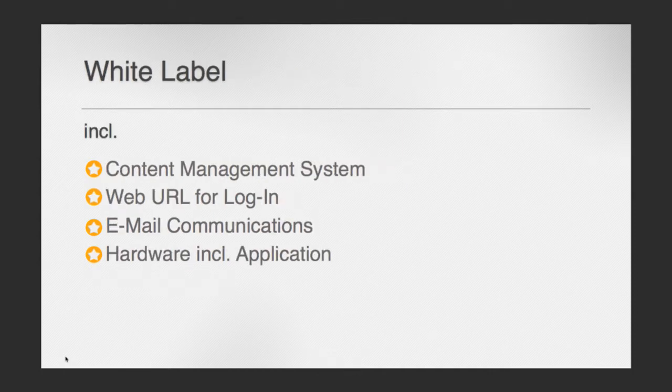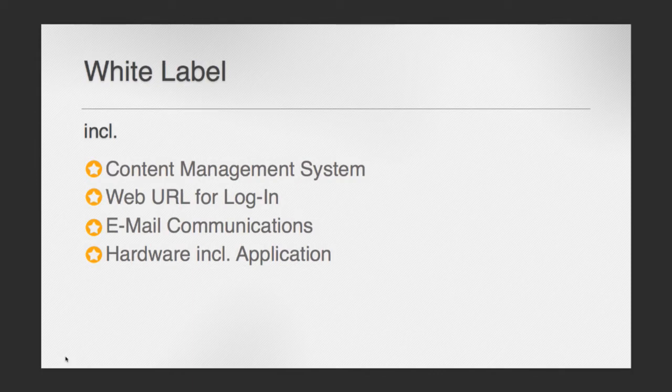So what does it mean to get a white label solution from viewneo? Well, first of all, the whole content management system will be branded into your own design, and I will show you how you can set it up later in the live demonstration. Next, you will also get your own web URL, so that your clients can log in, for example, on your website. And also the whole email communication between the enterprise account and the clients will be branded.